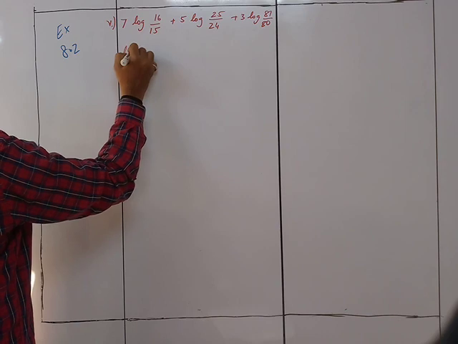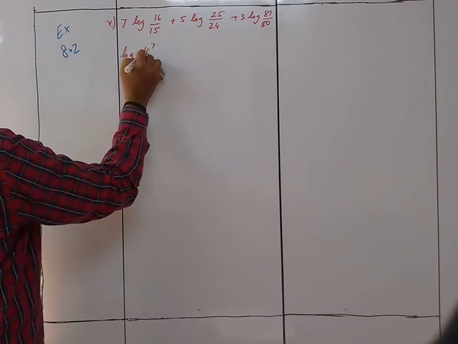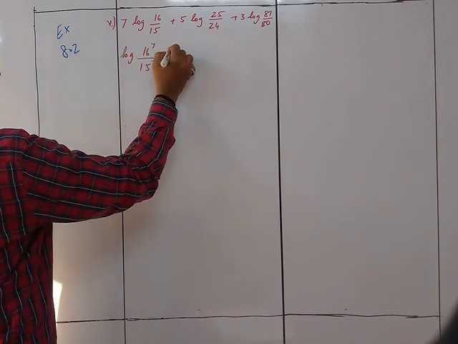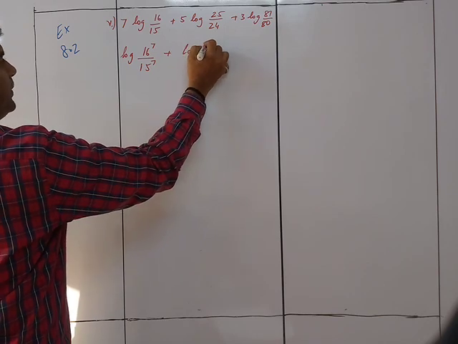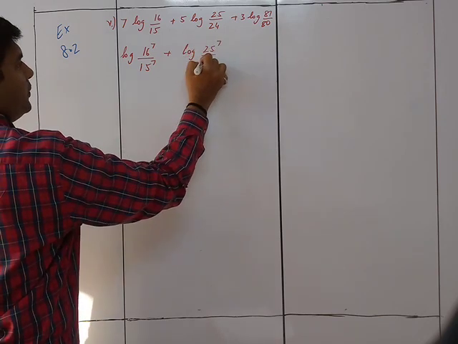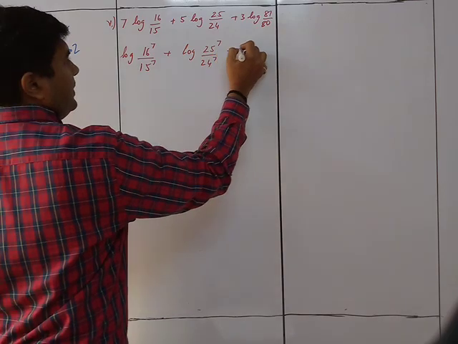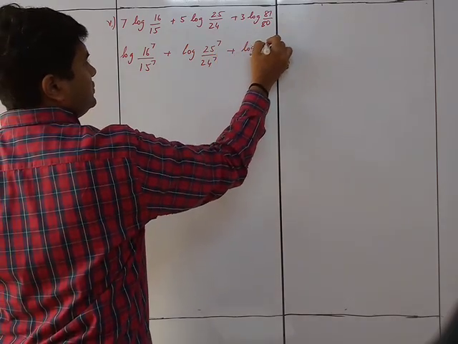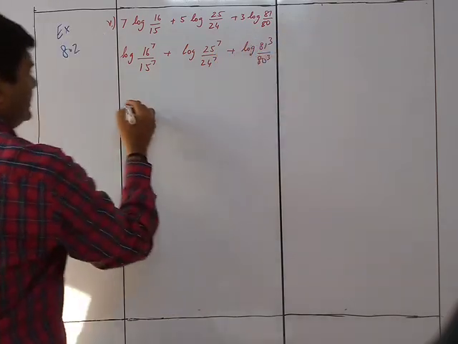So it's log of 16 raised to 7 upon 15 raised to 7 plus log of 25 raised to 7 upon 24 raised to 7 plus log of 81 raised to 3 upon 80 raised to 3.